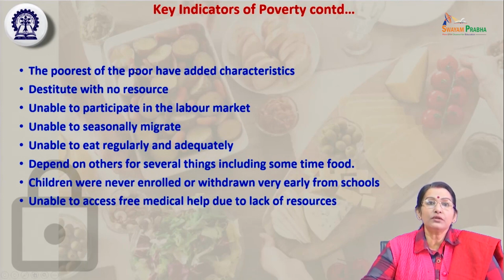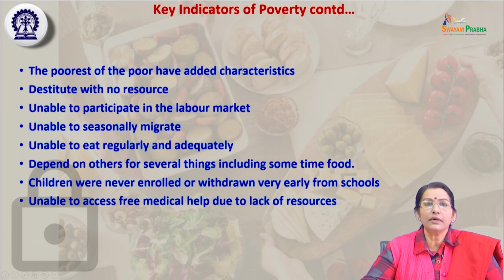So the poorest of the poor have added characteristics, that is, those people who are living below the poverty line. They have even more pathetic conditions, like being destitute with no resources, no relatives, no helping hand, etc. Unable to participate even in the labor market, unable to migrate seasonally because they don't have the money to migrate to other places, unable to eat regularly and adequately.